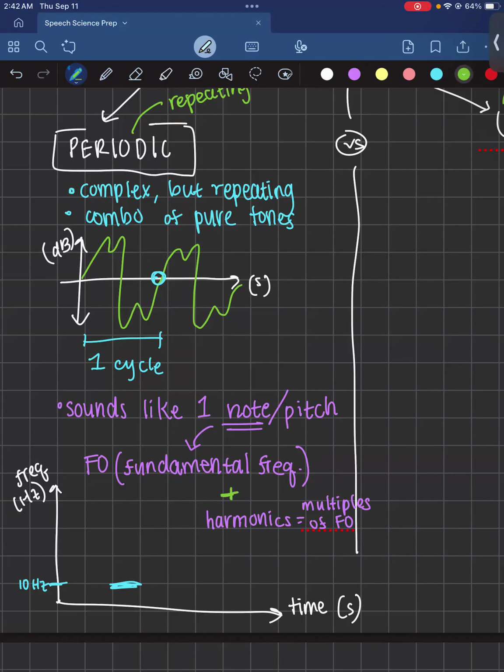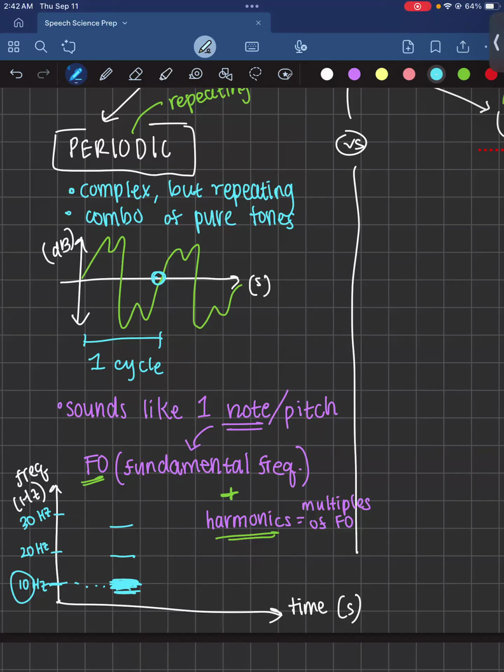For example, if my F naught is 10 hertz, then I also will have harmonics at 20 hertz, 30 hertz. It's going to be multiples of 10, so 10 times 2, 10 times 3, and I'll also see these little harmonics there. But the fundamental frequency that we perceive will be at 10 hertz.